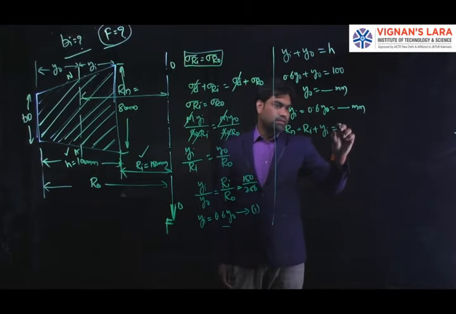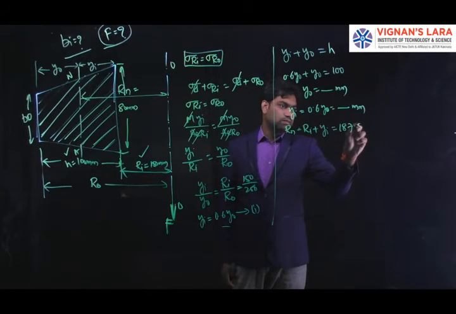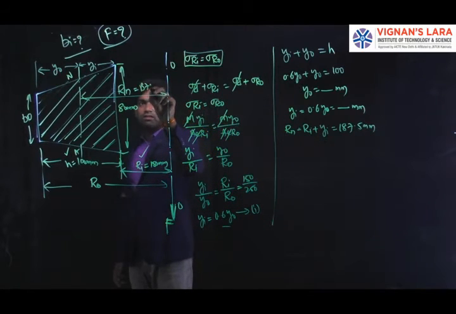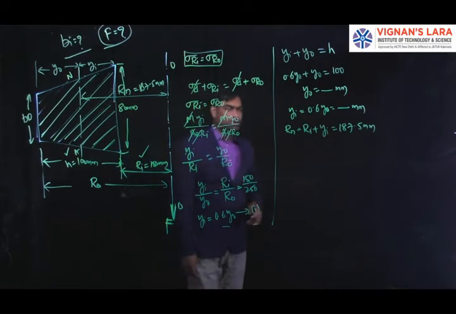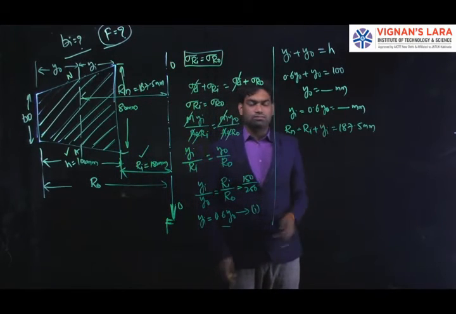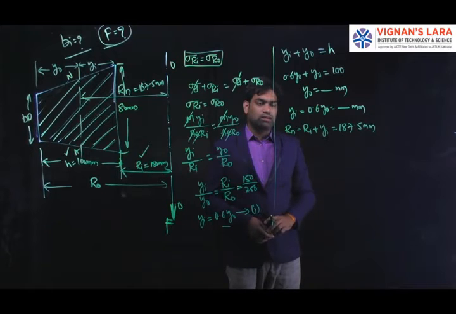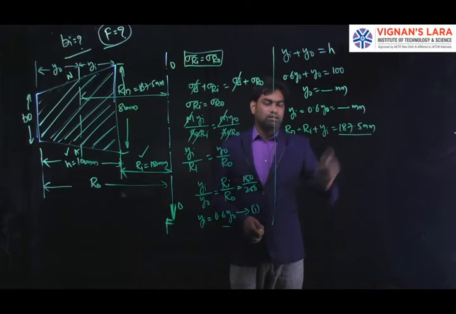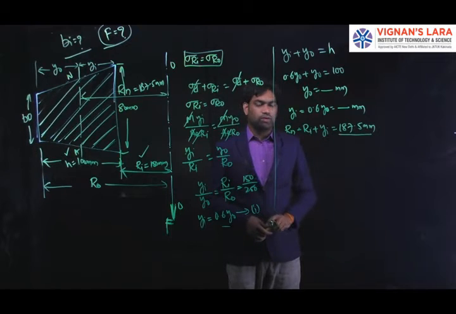So I get the value of Rn as 187.5 mm. You can check with the values, substitute and simplify to find y naught and yi, and by substituting the values here, I get the final value of Rn as 187.5 mm.